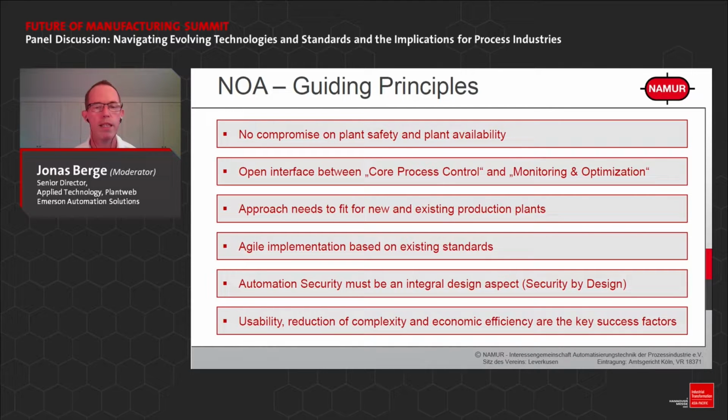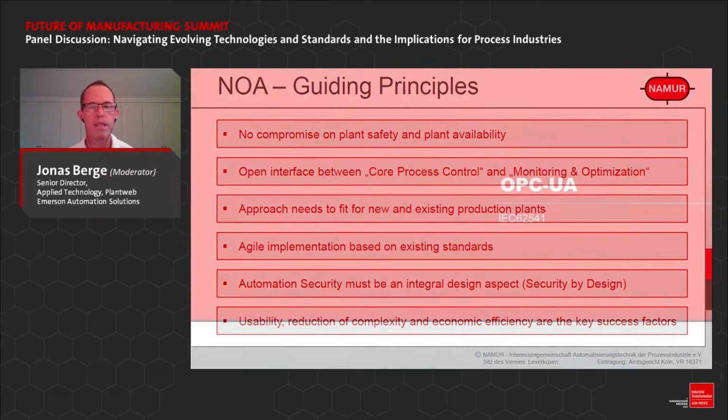We get an open interface to all of the DCS data. We can add a lot of new capabilities for analytics and optimization in the plant, and we can do it in an agile approach, step by step. Yet, all of this is done in a secure fashion thanks to the separate security zones. And all of this is very easy to use thanks to this architecture.